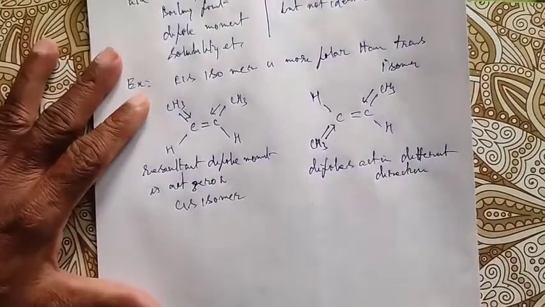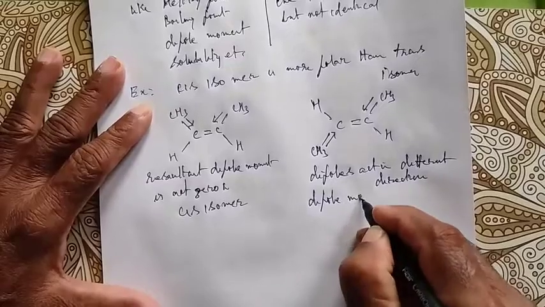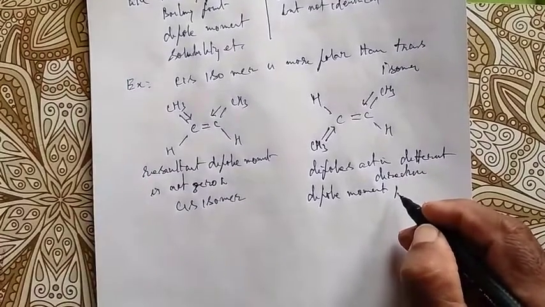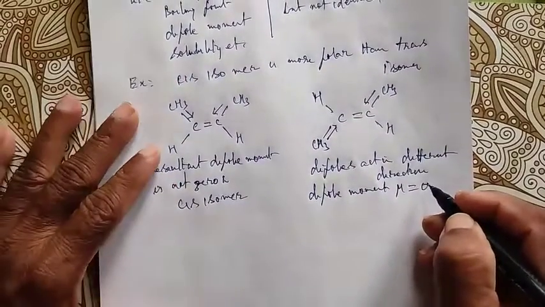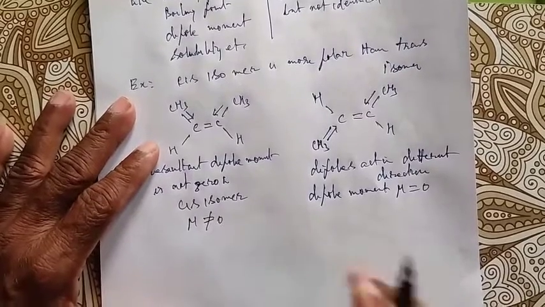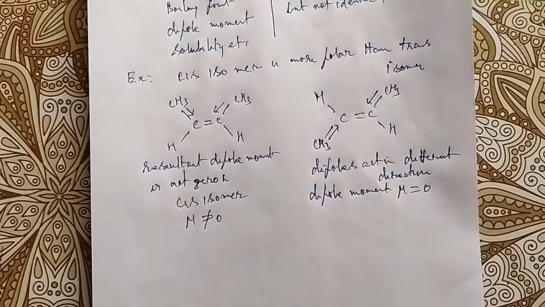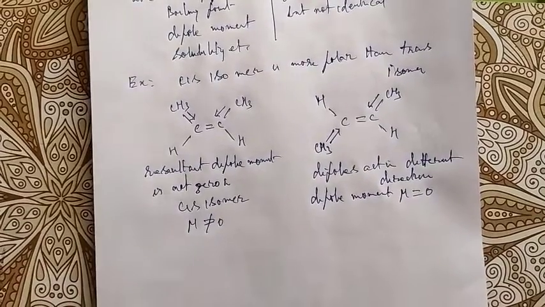As the dipoles act in different directions, the dipole moment mu is equal to 0, whereas here the dipole moment mu is not equal to 0. Thus, the dipole moment in cis isomer is more than trans isomer. That is, cis isomer is more polar than trans isomer.